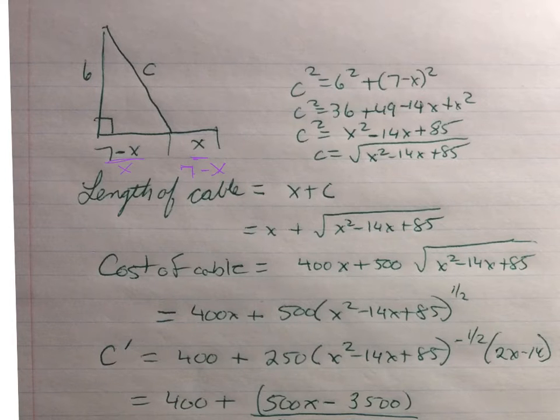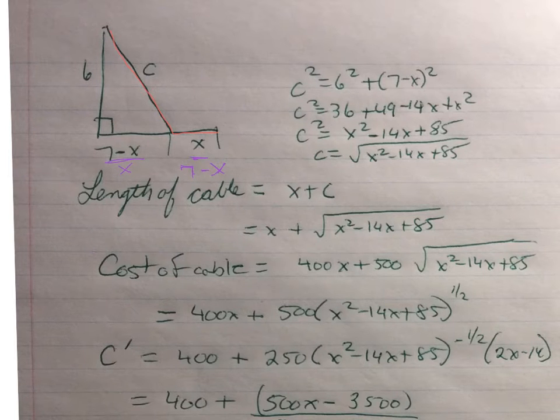So what I did first is I know that what we want to do for the length of the cable is include the diagonal and a straight stretch, and that we're trying to do a cost minimization, so we'll get to the cost function in a minute.